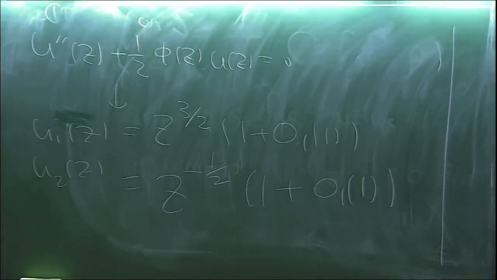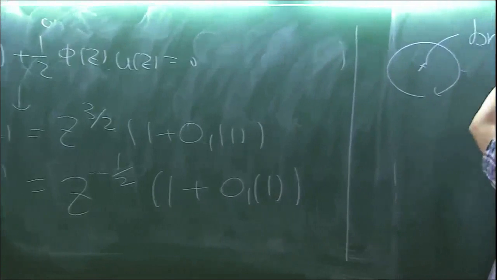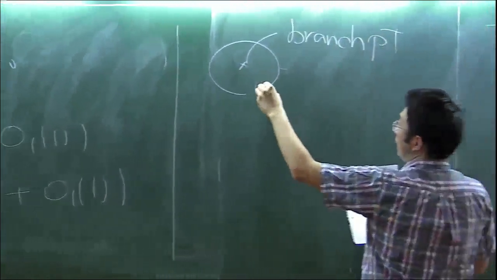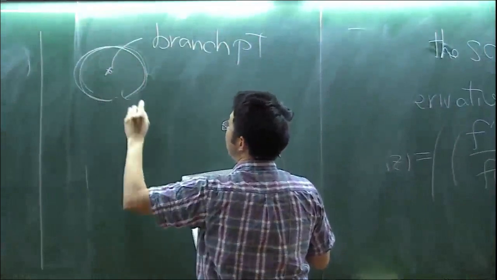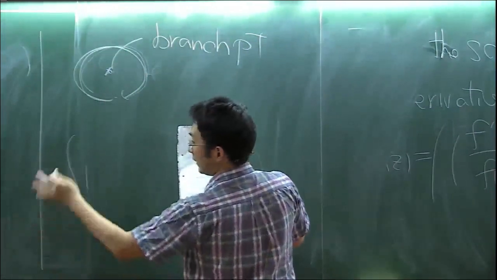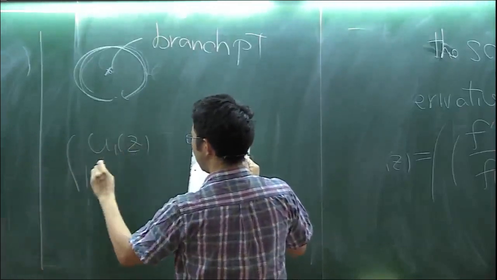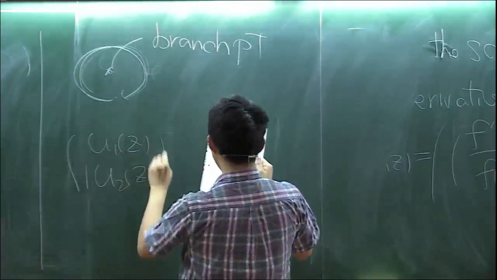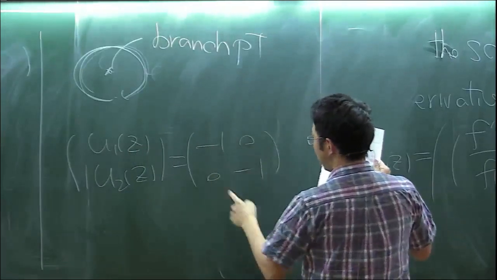And then if you look at the monodromy of the branch point, if you take a peripheral loop, or a loop going around this branch point, and then look at the monodromy from this solution, one can see that the monodromy is minus identity.